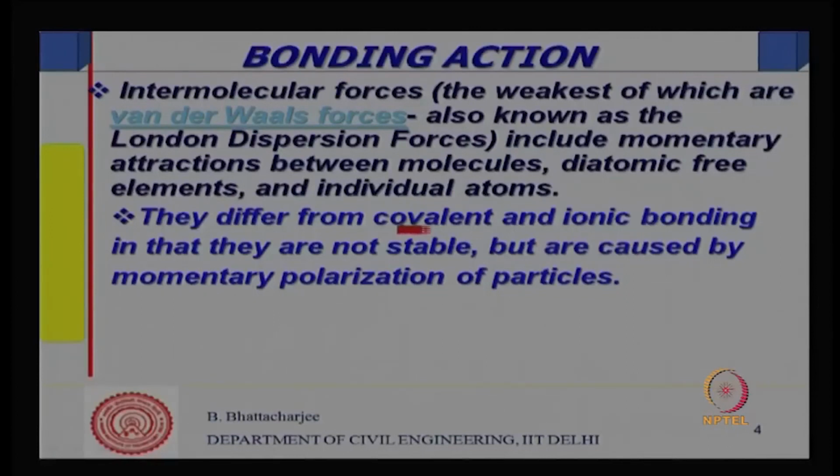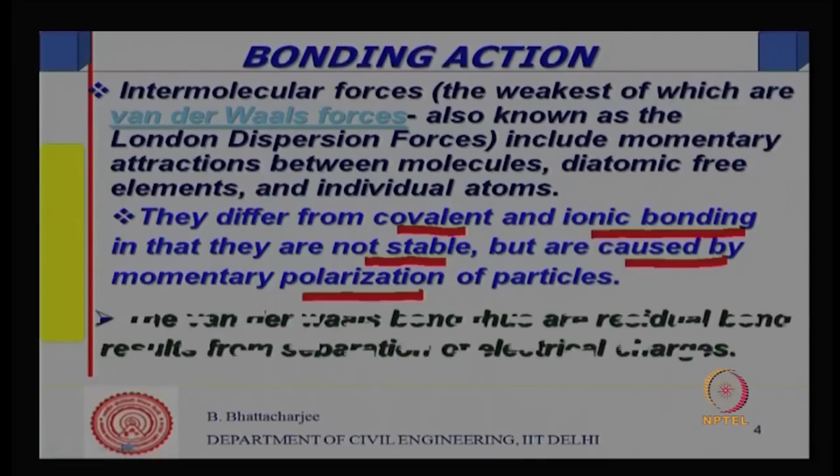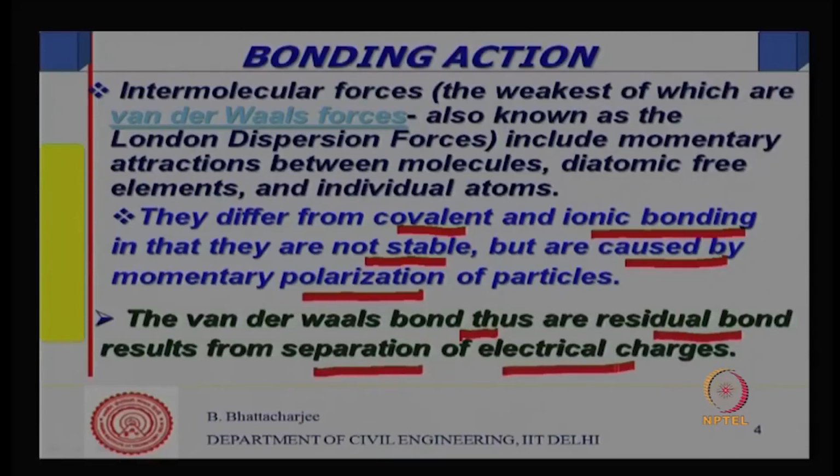So, they differ from those covalent and ionic bonding, because these are not stable bonds and are caused by momentary polarization of particles. So, van der Waals bonds, thus, are residual bonds that result from separation of electric charges.